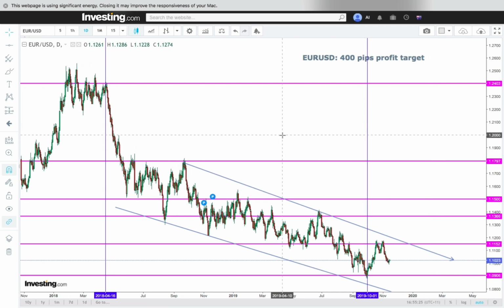The reason I'm putting this analysis together is to give you an understanding that in the Forex market, most traders enter a trade and think, okay, I'm going to hold on to the trade until the end of today or the end of this week or 2-3 weeks max, and I'm going to close my trade and I expect to make a few hundred pips.